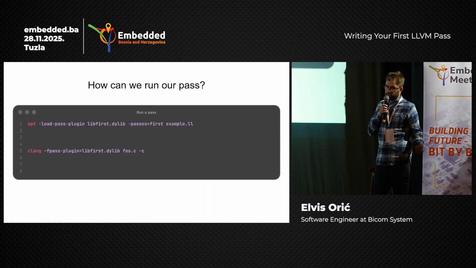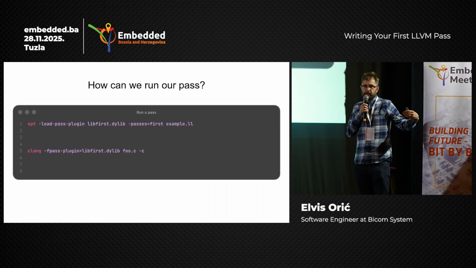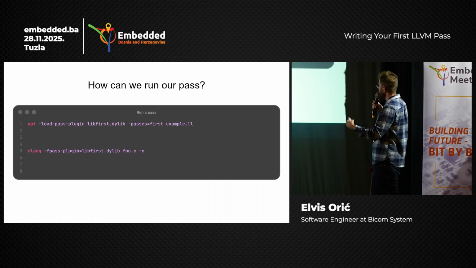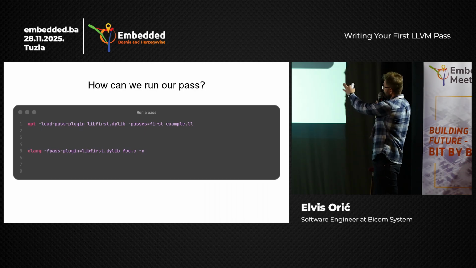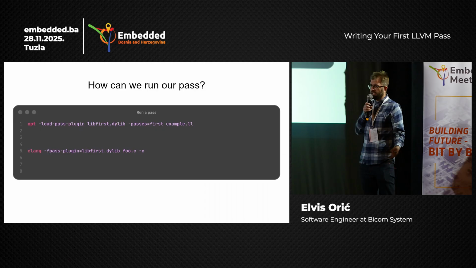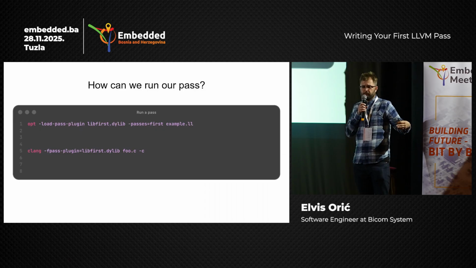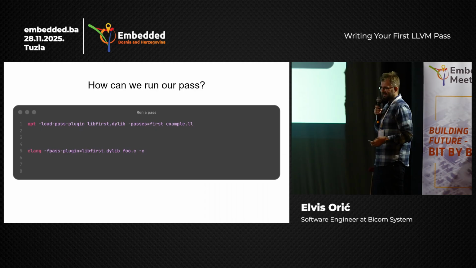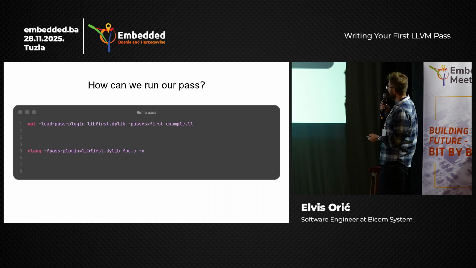But we don't have to do it like that. We can just run it with Clang, and we don't have to work on LLVM IR. We can work on C, C++, Objective-C, any other language, for example.